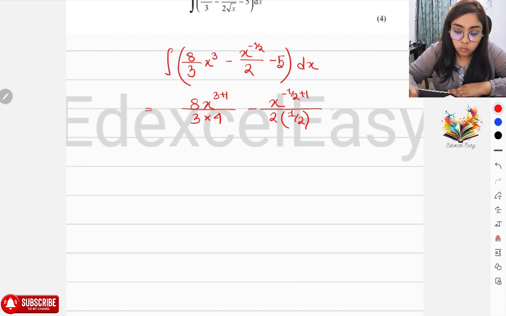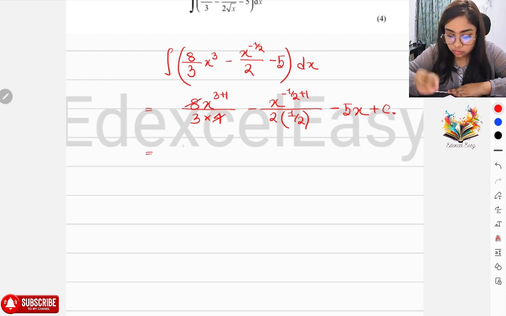Another thing, in differentiation, if you have any constant, it entirely vanishes. But in integration, if you have a constant, it will be 5x this time. Another thing, there should be a plus c. For integration, always there should be a plus c. Now after this, what happens if you simplify it? We have now 2 x to the power of 4.